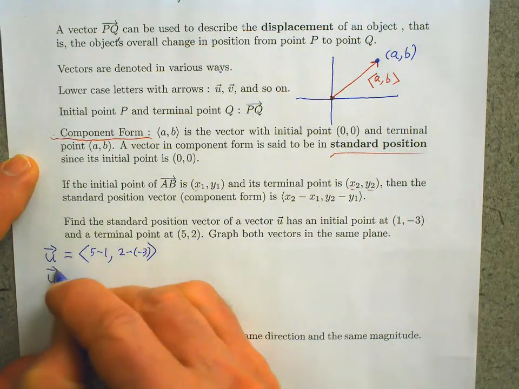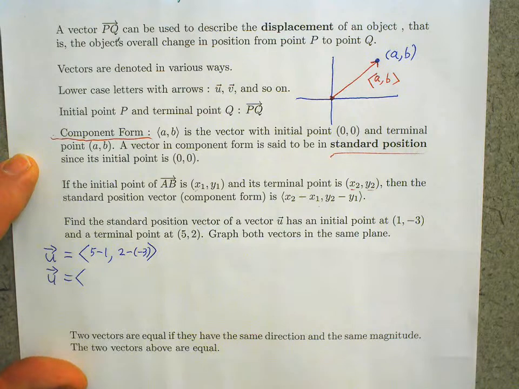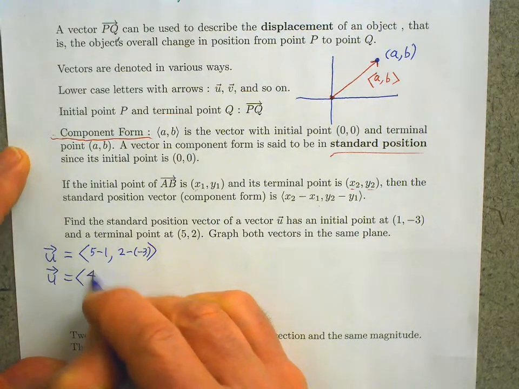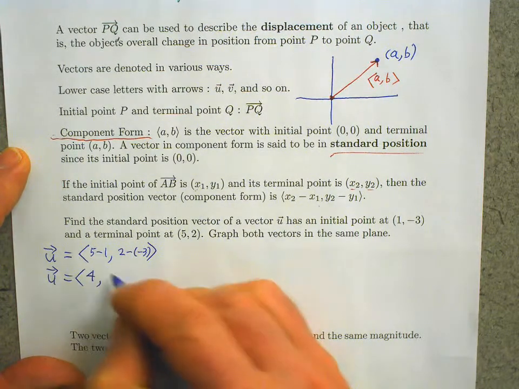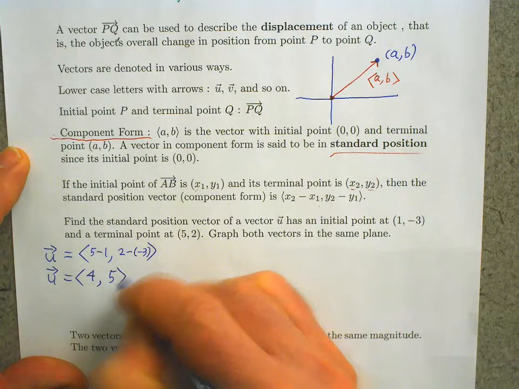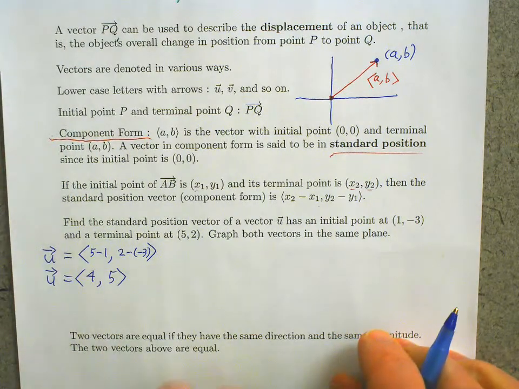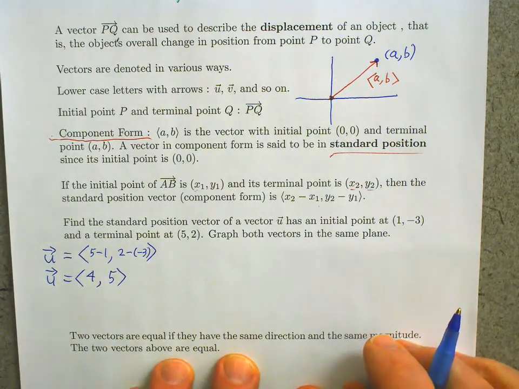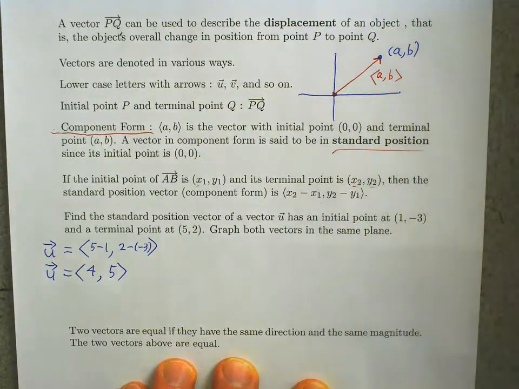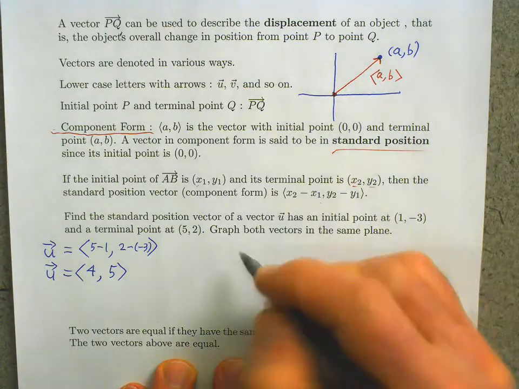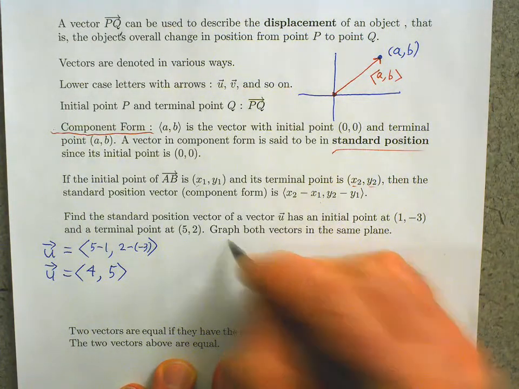Then do the arithmetic. The component form is <4, 5>. Okay, so let's graph both of the vectors.